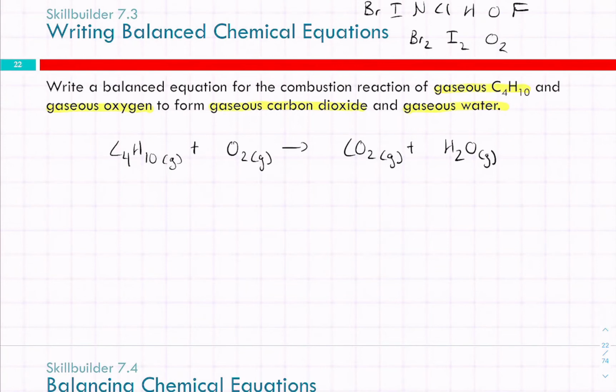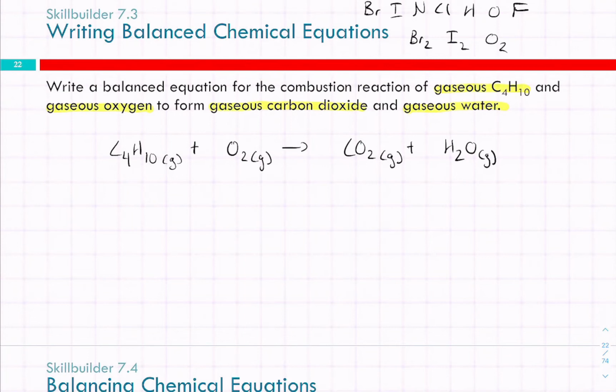Okay, so what should we balance first? There's 2 valid options. Carbon works. What would the other option be? Hydrogen. Why carbon and hydrogen? Because they're only part of one compound on either side.